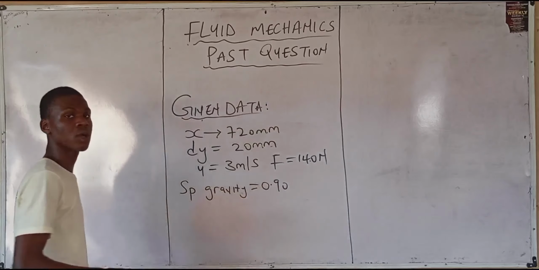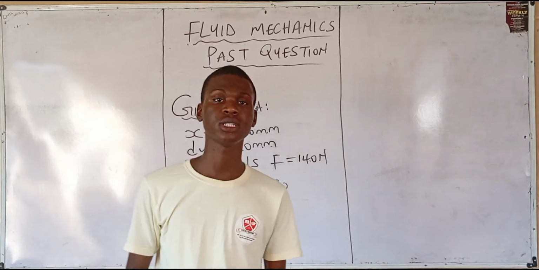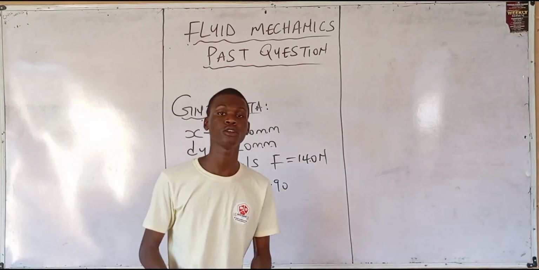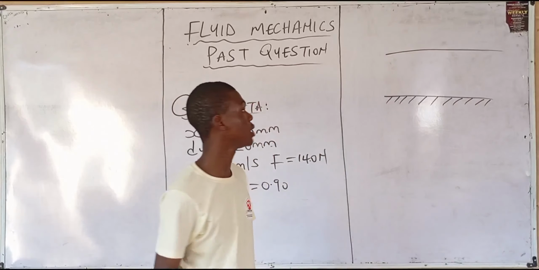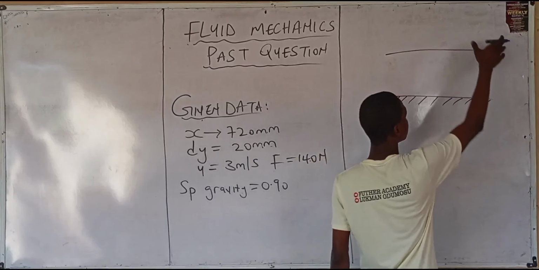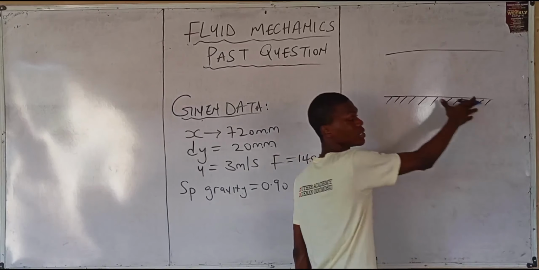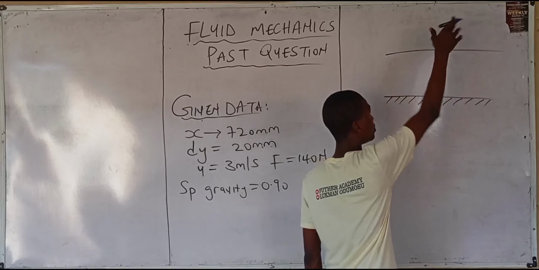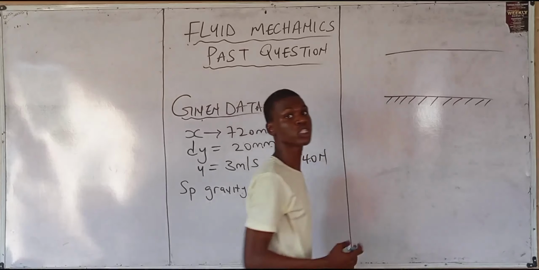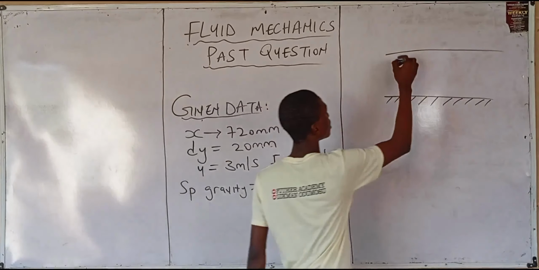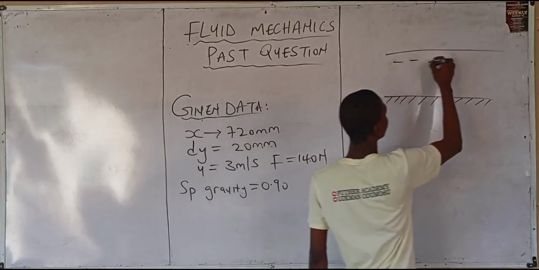0.90. Alright, with this, I would love us to draw the schematic illustration interpreting this question. The question says a parallel plate. This is the first plate, the lower plate, and it is fixed, while this is the upper plate. The space between the plates is filled with oil film. This is the oil film.